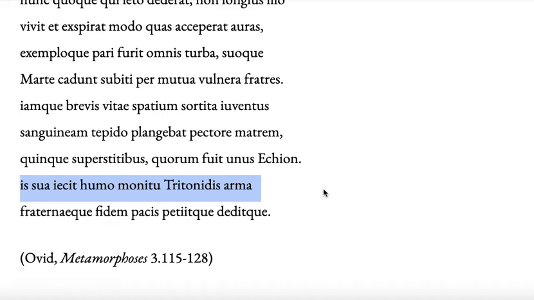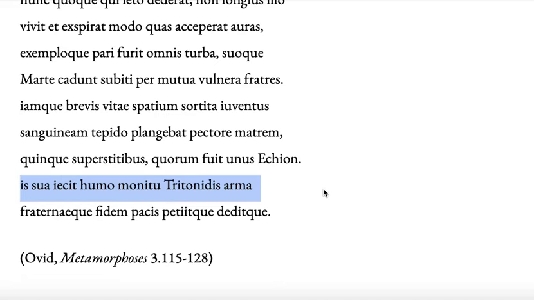Remember, not to confuse iacio, that means I throw, with iaceo, I lie down, iacere. So iaceo, iacere is second conjugation, and it means I lie down. Whereas iacio, iacere is mixed conjugation, and it means to throw. Right, so he threw his weapons, iecit arma, to the ground.